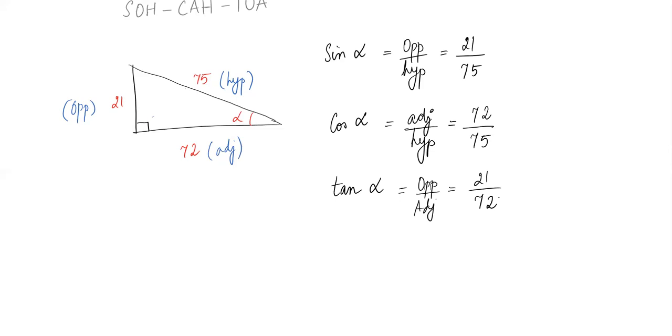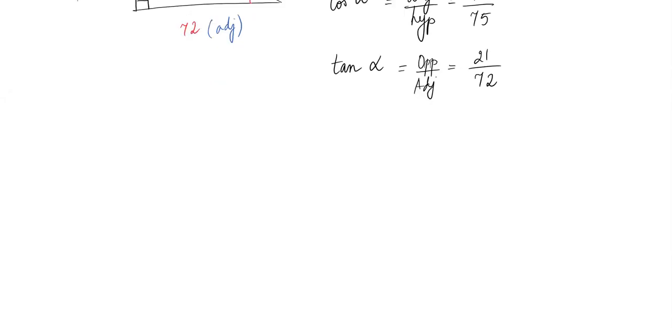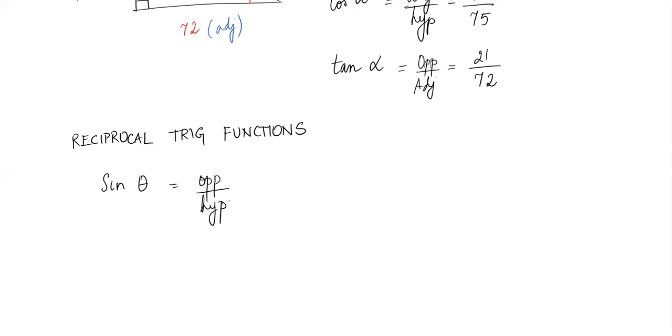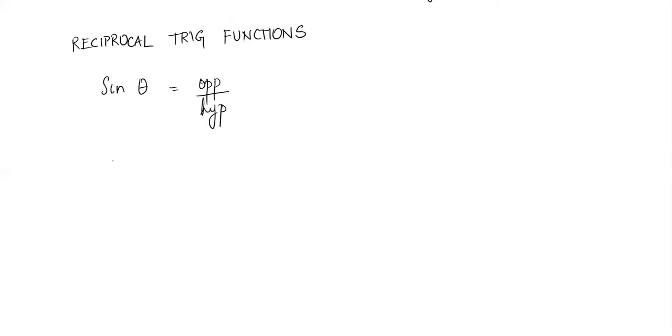Now let's talk about the other trig functions. We call them reciprocal trig functions, because they are reciprocals of these three functions. So let me quickly write here. Sine theta is opposite over hypotenuse. It's always good to write it because that's one way to memorize it without forcibly memorizing things.